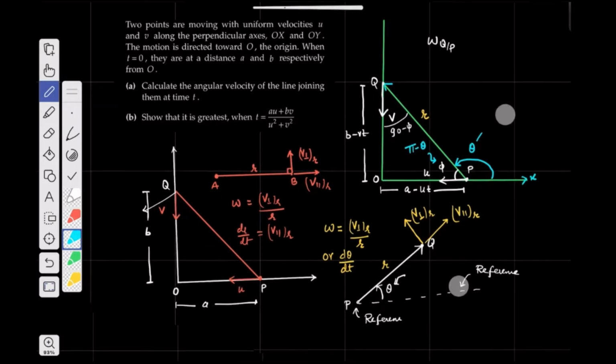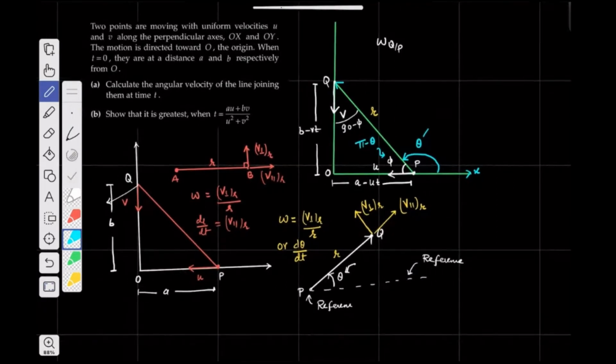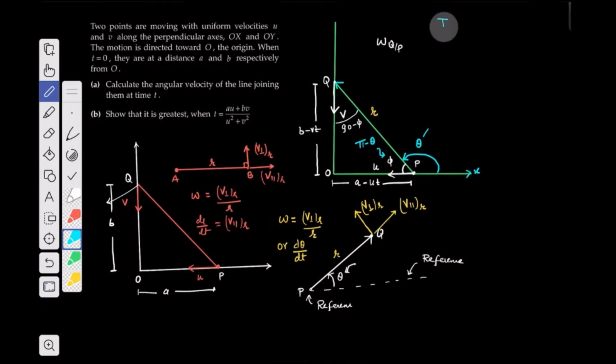So this angle phi will be pi minus theta, and in that triangle tan(pi minus theta) is going to be equal to OQ by OP, no? OQ by OP is our (B minus VT) by (A minus UT). And tan(pi minus theta), you know that, no? What it will be?